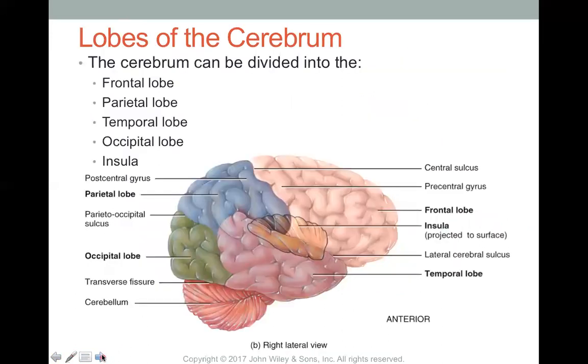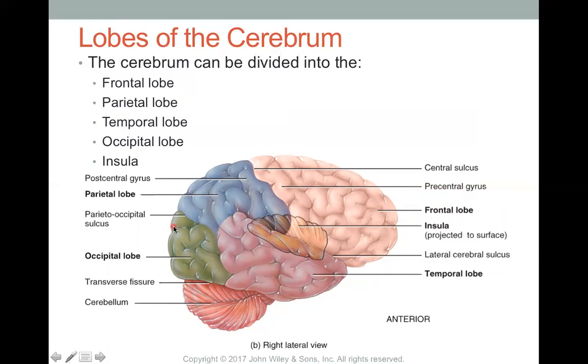All right, so your cerebrum is divided into 4 lobes, and then there is a 5th portion, the insula, as well. The insula cannot be seen from the outer part. It is an internal portion of the cerebrum. So those lobes are the frontal lobe, the parietal lobe, the temporal lobe, and the occipital lobe.